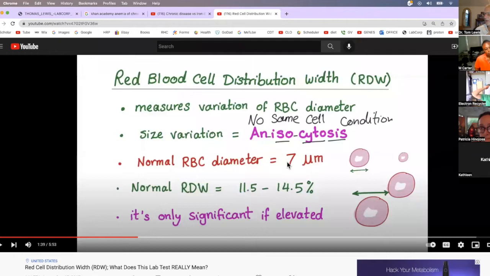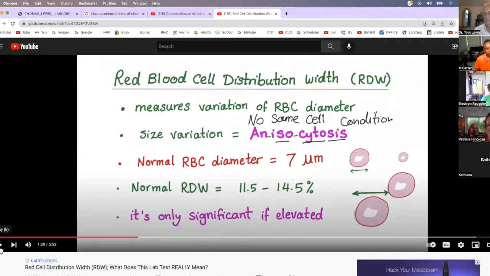Normal red blood cell diameter is 7 microns, and a normal red blood cell distribution width is not 11.5 to 14.5. If you're healthy, it's 11 to 12.5. Anything above that, you have some inflammation. But I just want to show how the red blood cell distribution width can change with iron deficiency anemia, just so we have that piece of it.